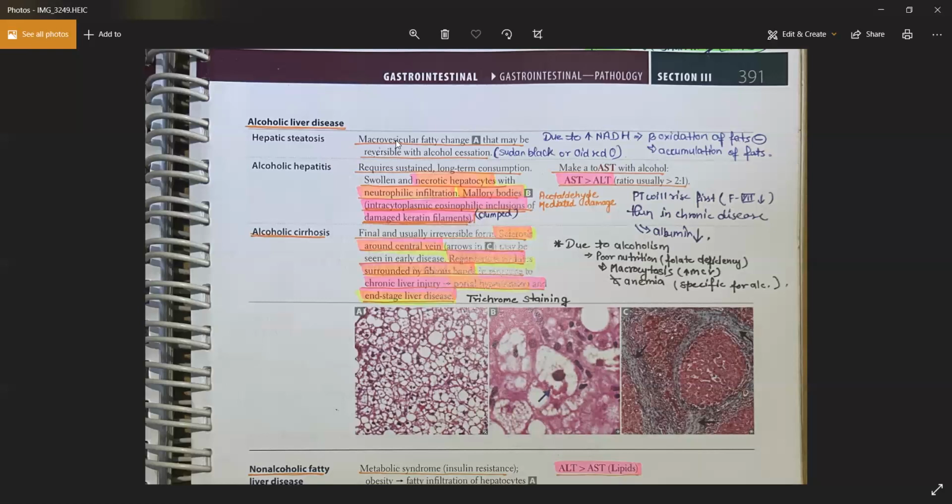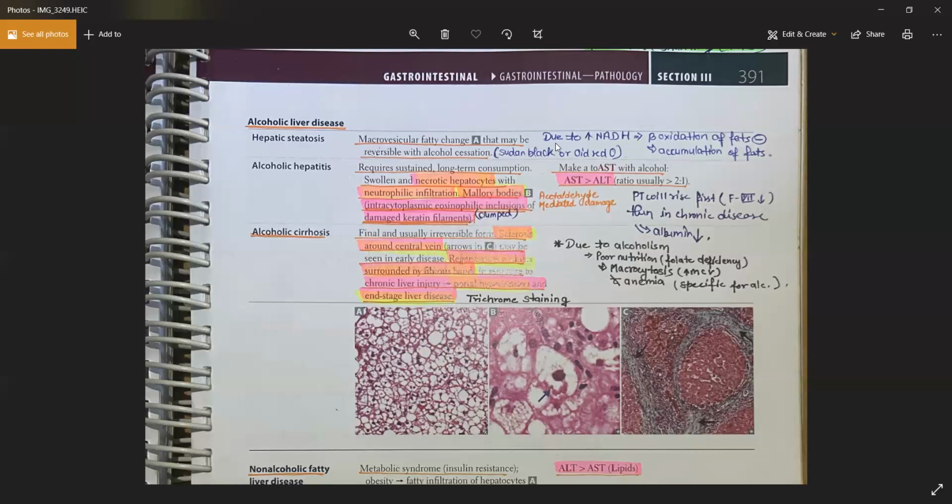What you will see in the hepatocytes, because of the fat accumulation, are fatty changes. All of these cells you are seeing, these clear cells, are the fat within the cell. The H&E stain cannot stain the fat, so they are seen as very clear areas. This is hepatic steatosis. What you can do is Sudan black staining.